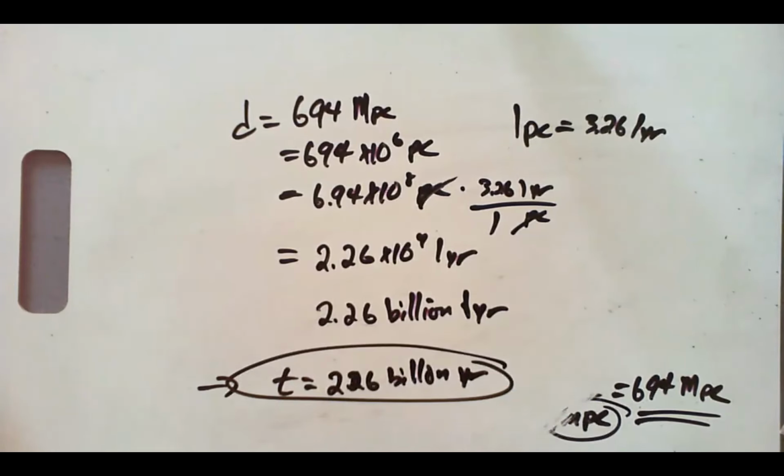Let me rewrite this: 2.26 billion years. That's a significant fraction of the age of the universe. This is only about half the age of the sun. So this is a long time. This is one of the ways we can chart how galactic evolution works. We can actually see what galaxies were like in the past just by looking further away in space.